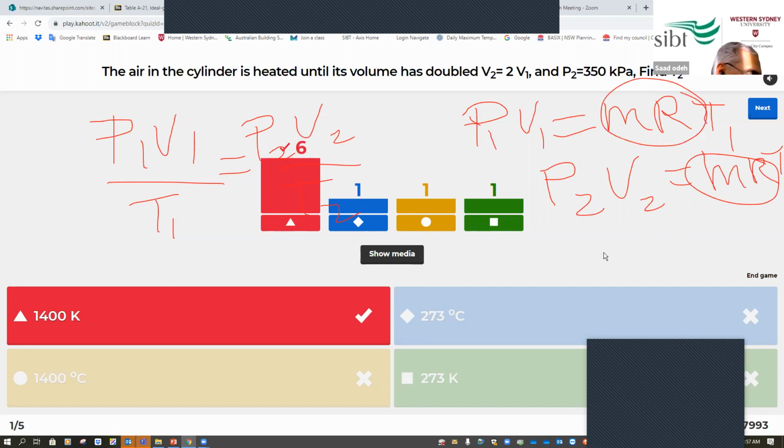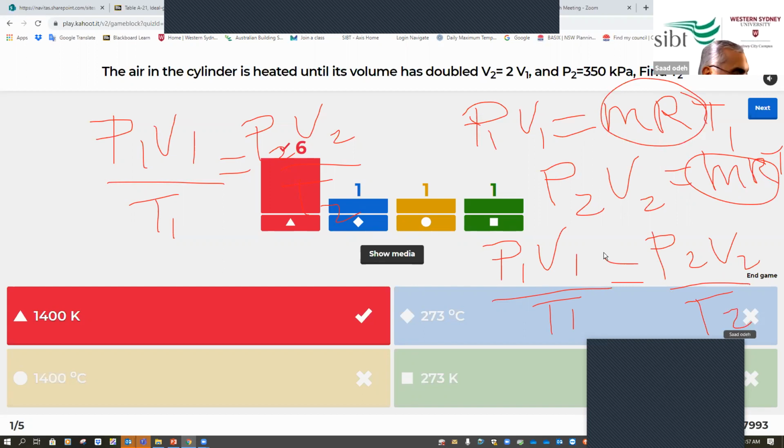We can say P1 V1 over T1 is equal to P2 V2 over T2. So the initial pressure is already given, the initial volume is given, the initial temperature is given from the figure, and we also have pressure 2 and volume 2.